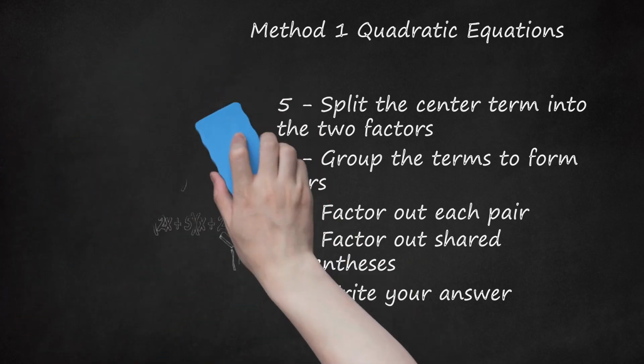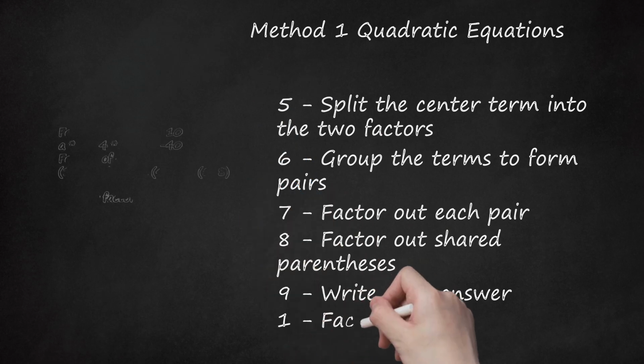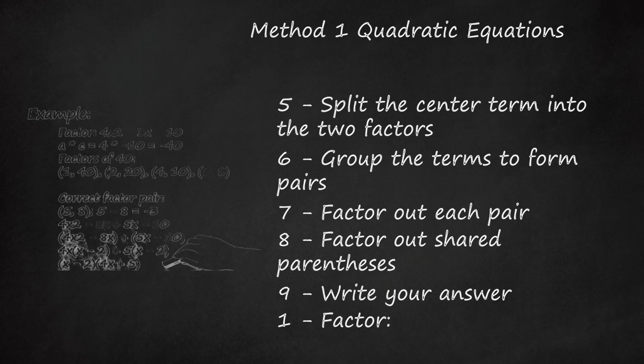Additional examples. 1. Factor 4x² plus 13x plus 10. A asterisk c equals 4 asterisk 10 equals 40. Factors of 40: 1 and 40, 2 and 20, 4 and 10, 5 and 8.